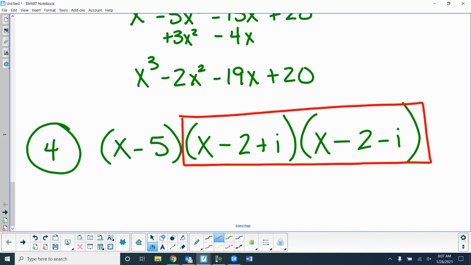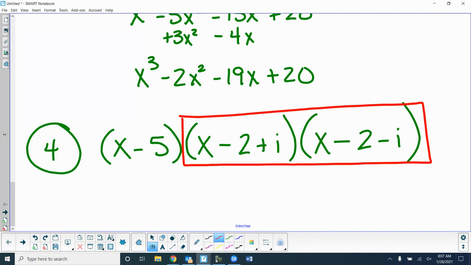That's the mistake a lot of kids will make. So when I FOIL this, I'm going to take the x times all 3. So there's 3 answers. The negative 2 times all 3. That's 3 more answers. And the i times all 3. That's 3 more. So there's 9 answers. You have 9 terms. Okay, but some of them will be opposites that'll cancel out for you.